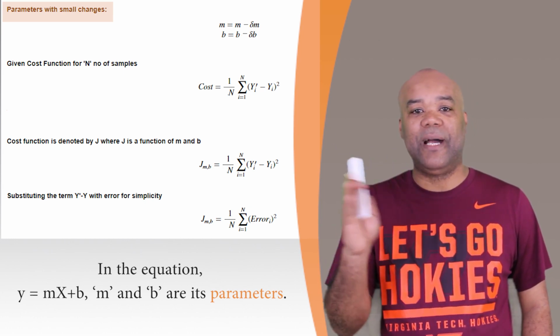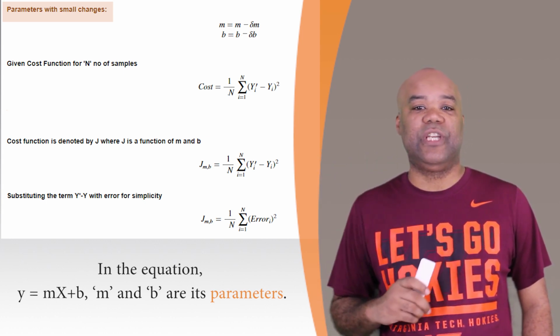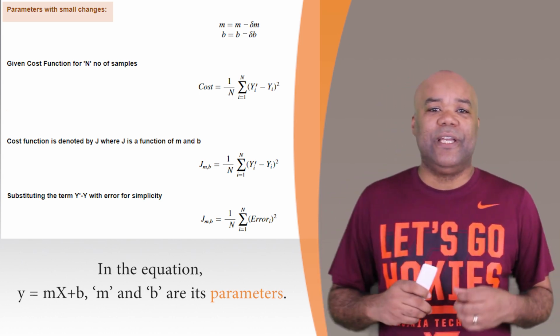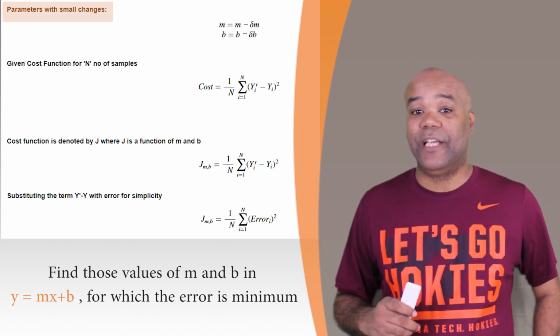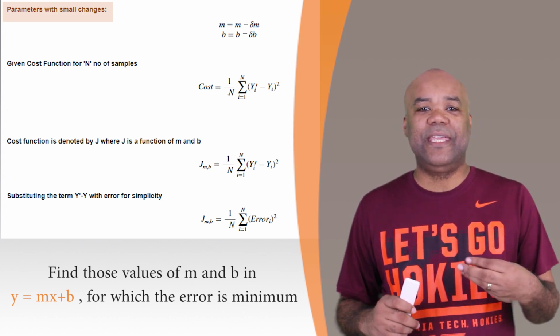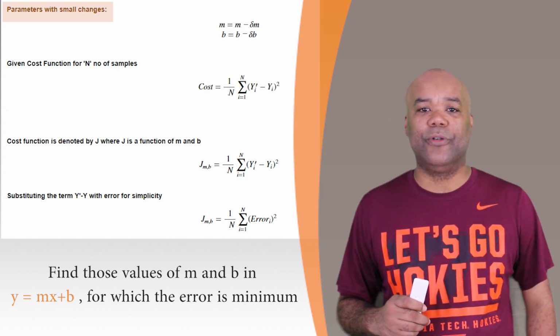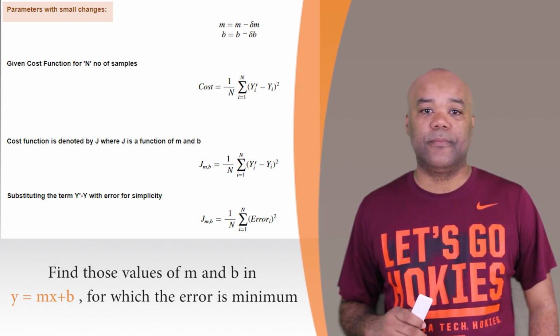Or m equals m minus the change in m and b equals b minus the change in b, respectively. And the goal here is to find those values of m and b in y equals mx plus b that give us the lowest possible error. In other words, the values which minimize our cost function.